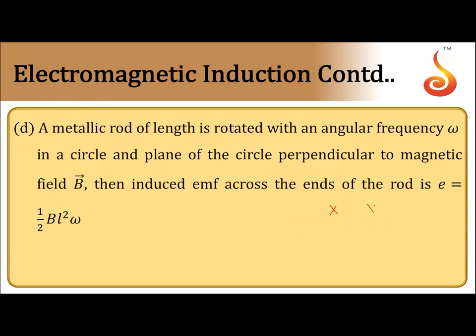Suppose there is a region of magnetic field, and this is the conductor of length L. If it is rotated about one of its ends in the magnetic field, then the induced EMF is given by half BL square omega, where L is the length of the conductor and omega is the angular velocity of rotation.